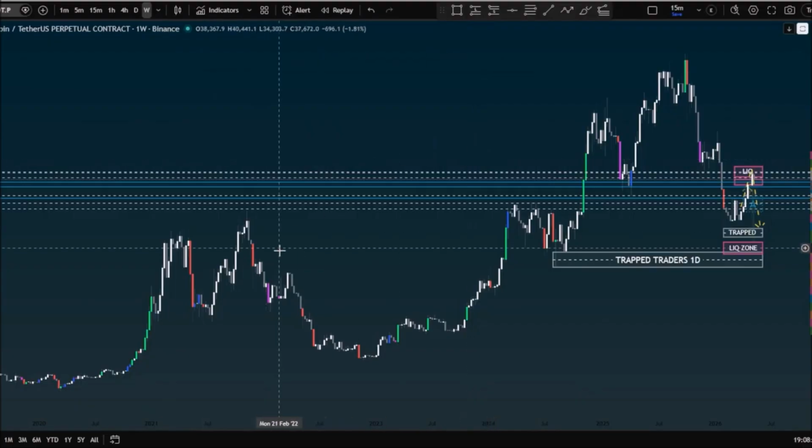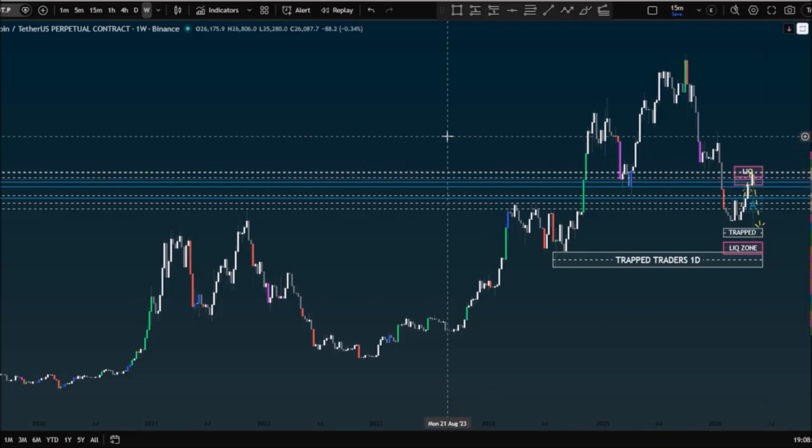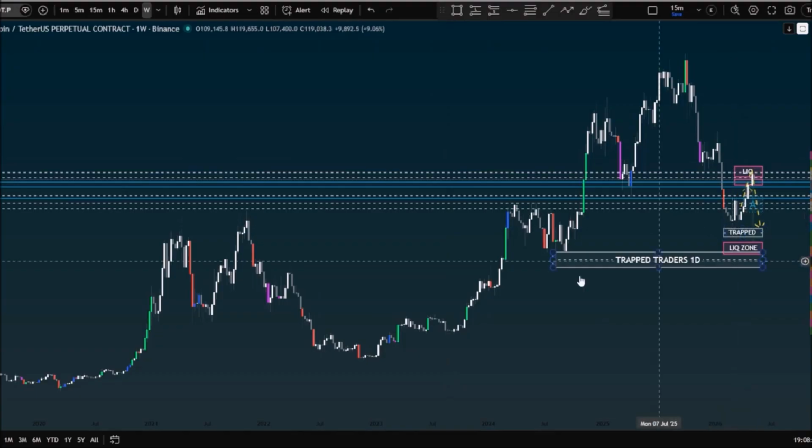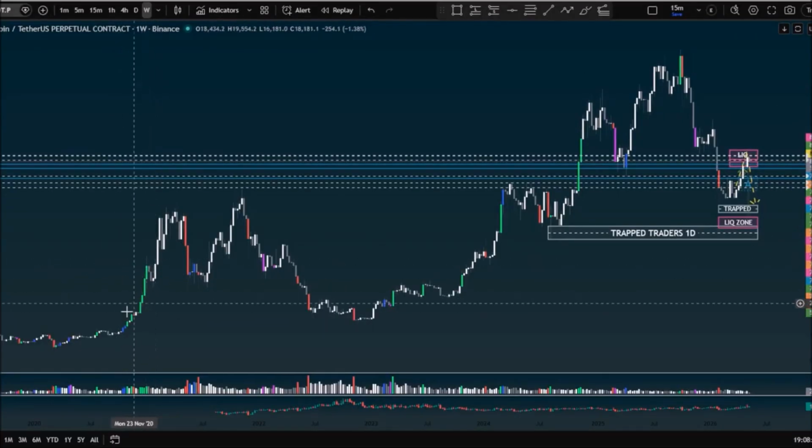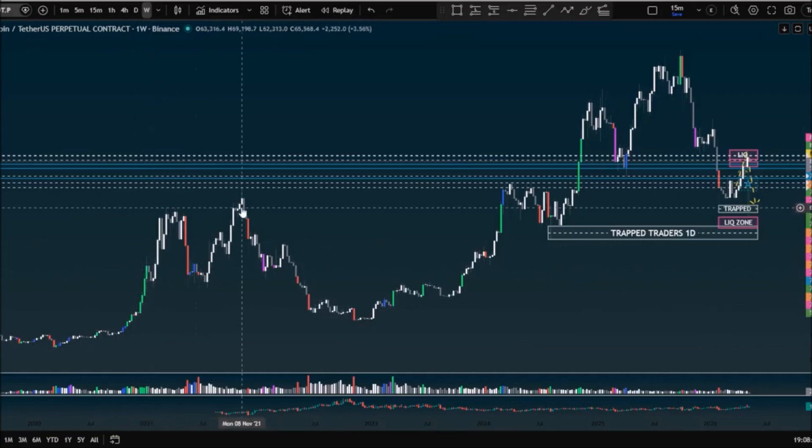And what I want to show is that I believe what we would call some type of bear market rally has come to an end. Okay, so if you look at previous cycles on a weekly time frame, you'll see large volume candles pushing price up.